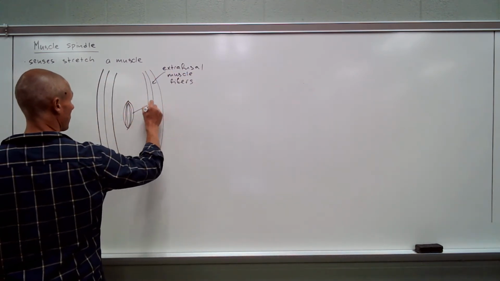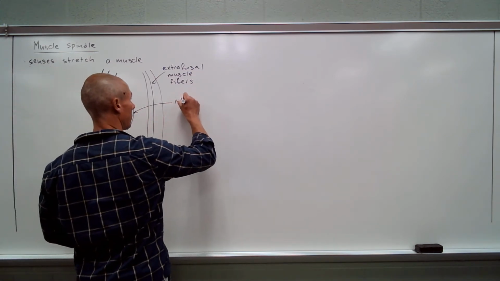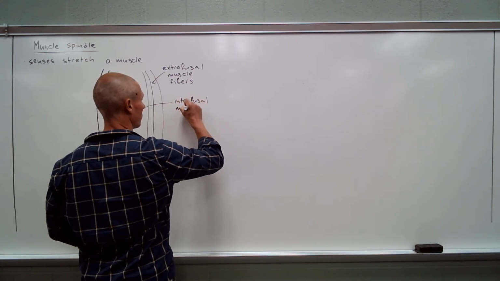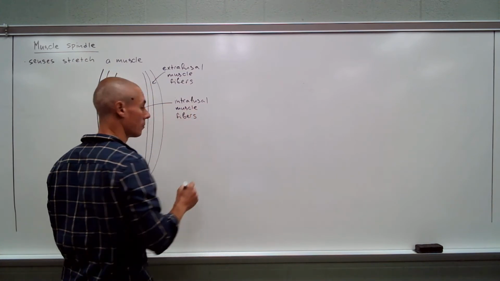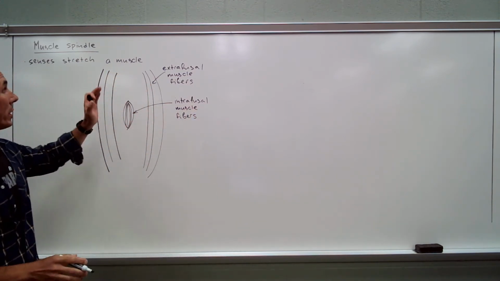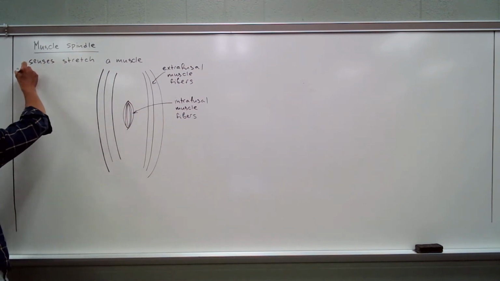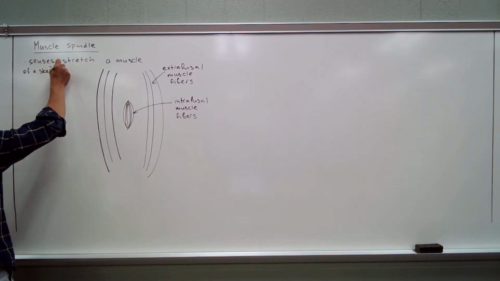So these fibers that make up muscle spindle are called intrafusal muscle fibers. Okay, we're good so far? Remember, we're talking about skeletal muscle. Sense a stretch of a skeletal muscle.